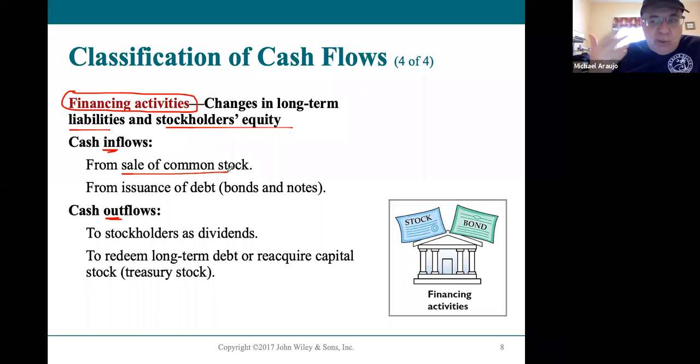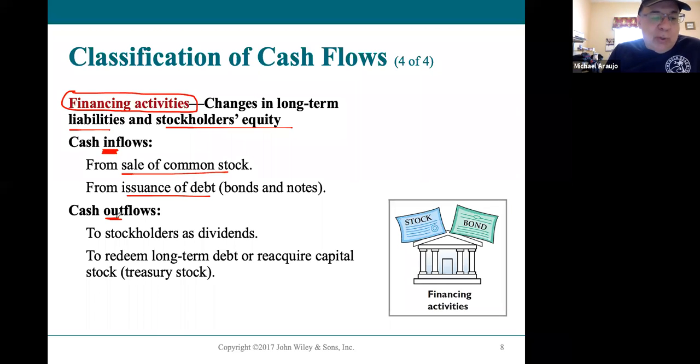We issue shares of stock to stockholders, and stockholders are putting money in for those shares of stock. That's a cash inflow. We could also issue debt, which is borrowing money, right? Issue bonds to investors. And when investors buy those bonds, that means we're borrowing money. That cash is coming in from that.